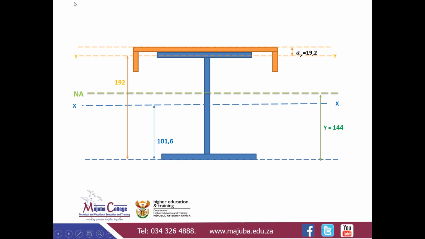So your H for your channel will be from here to there, about YY, and then your H for your I section will be from your neutral axis, which is now our line of reference, to your XX. From here to there.